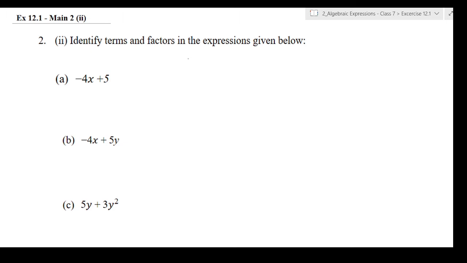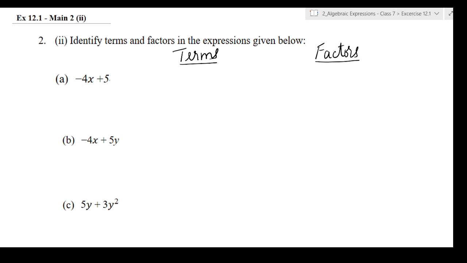So the expression is given over here. First let us identify the terms and then we'll identify the factors. Like the previous set of problems, you can also do it by tree diagram, but in this problem they have not specifically asked you to find out through tree diagrams.